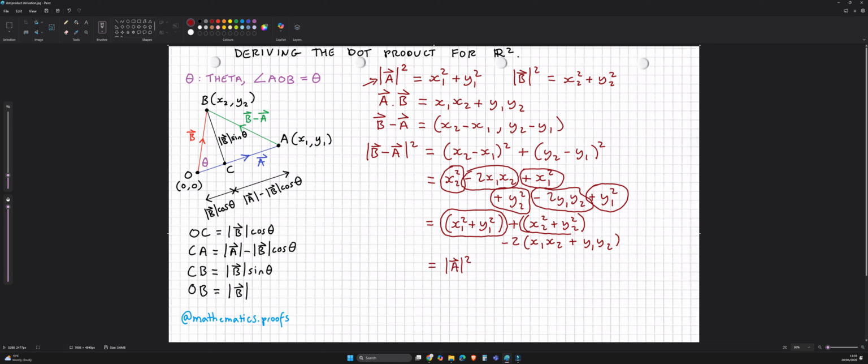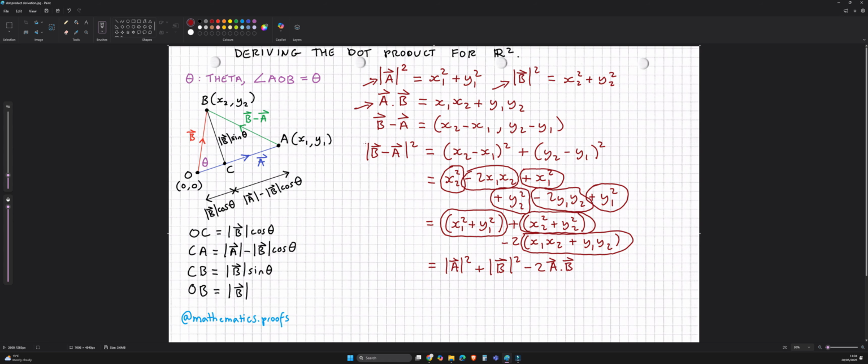This over here is in fact the magnitude of B squared, so let's change it to that. And then we get a minus 2, and this over here is actually the dot product of the vectors A and B. So let's write that down.